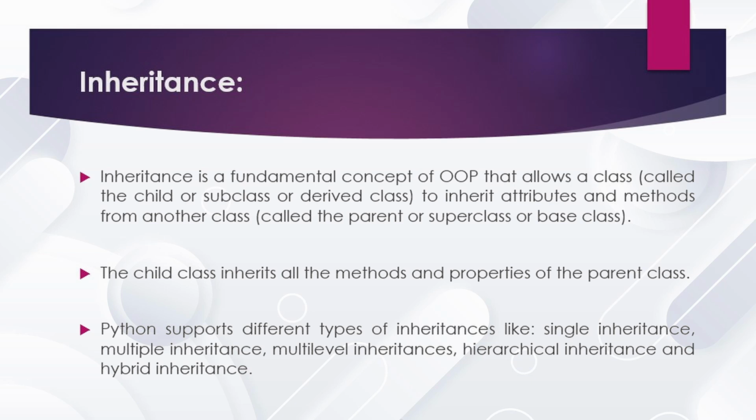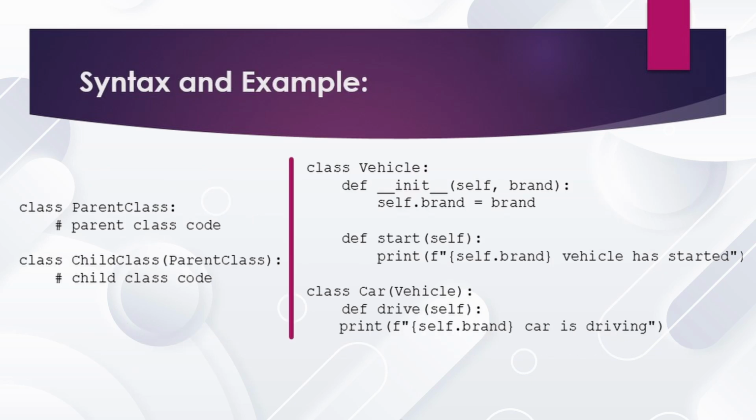Python supports different types of inheritance like single inheritance, multiple inheritance, multi-level inheritance, hierarchical inheritance, and hybrid inheritance. In this slide, we have the syntax and an example. In the syntax, we can see that first we have the parent class followed by the child class.